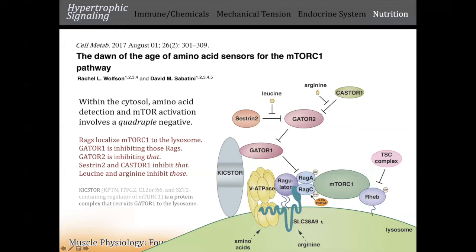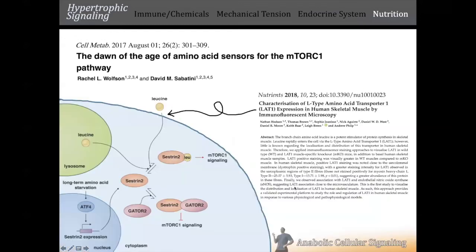Now, arginine is also working in the lysosome, but cytosolic sensation of amino acids, Castor and Sestrin 2, works through the Gator complexes, where Gator 1 inhibits RAG, the taxi mobilizing mTOR to the lysosome, to where it's actually going to do its work.